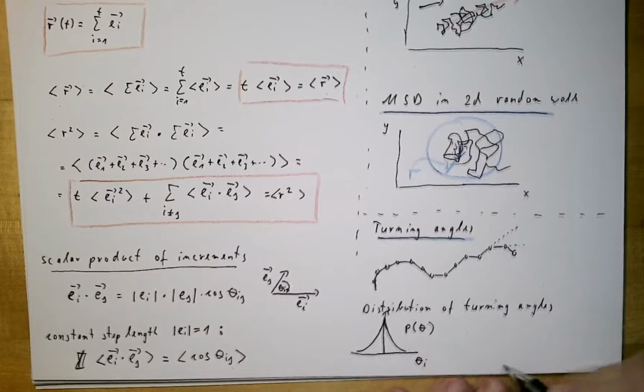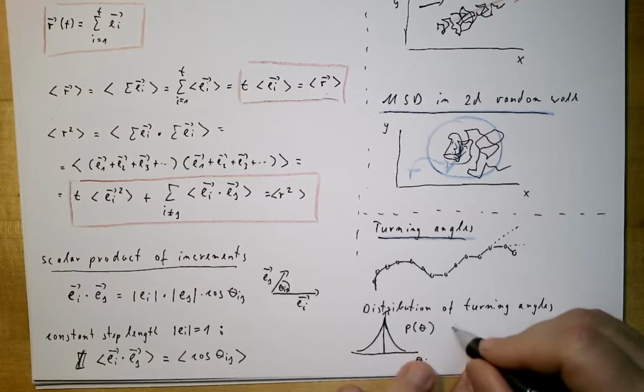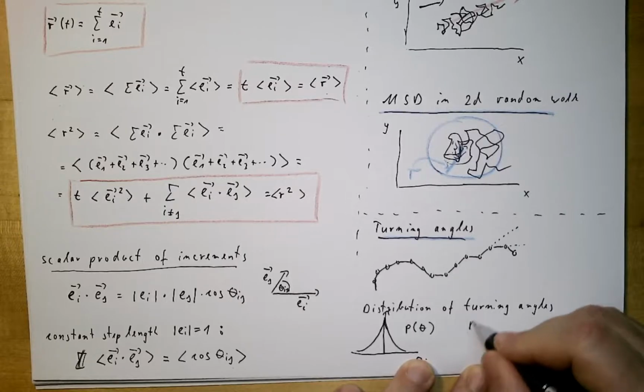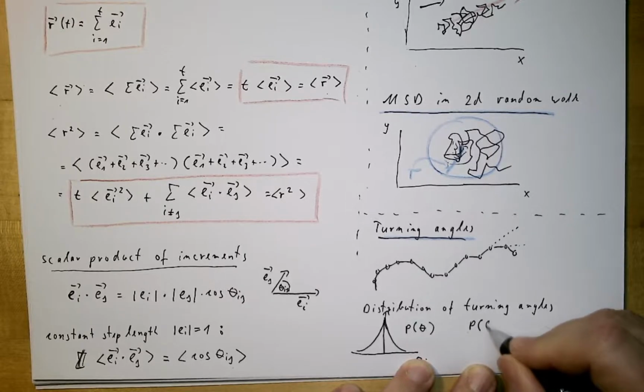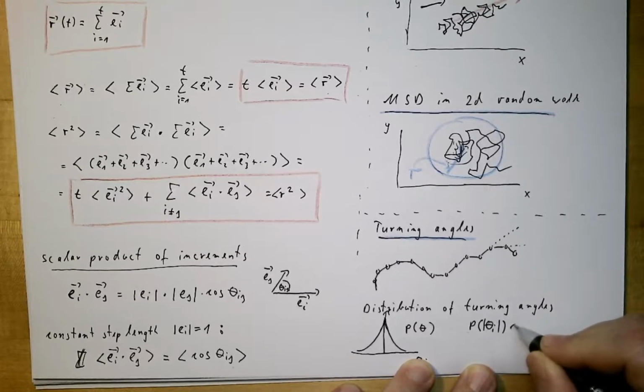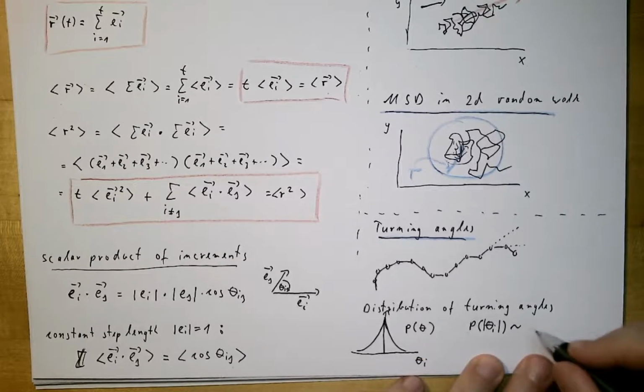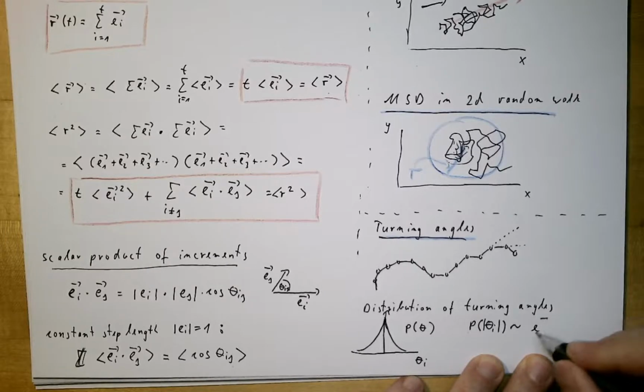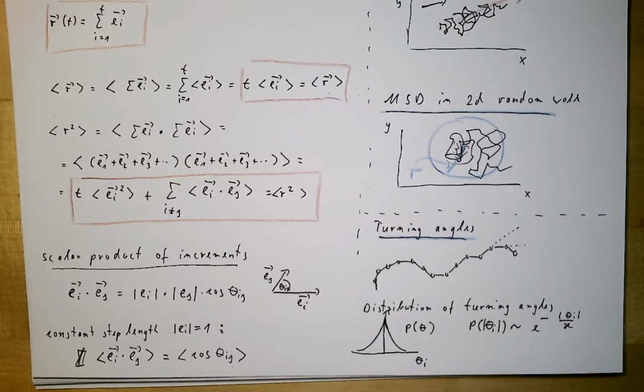And this distribution of turning angles very often can be fitted. If we take the absolute value, this very often goes proportional to an exponential distribution, e to minus the absolute value of theta divided by some constant kappa.